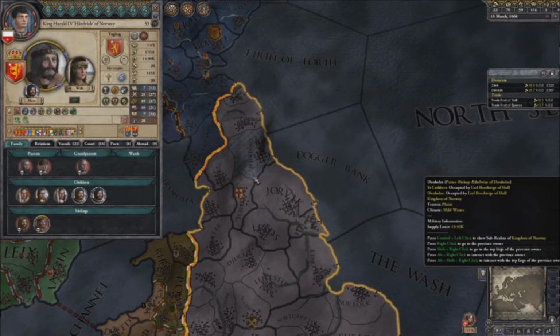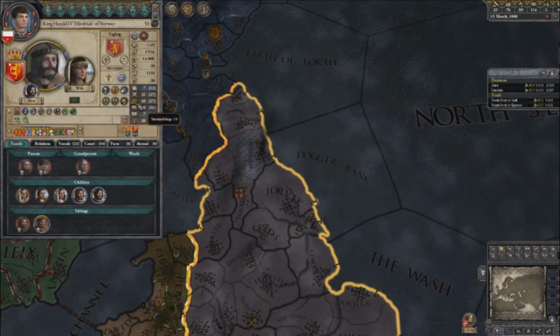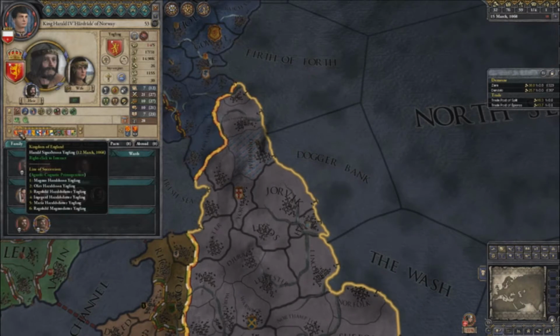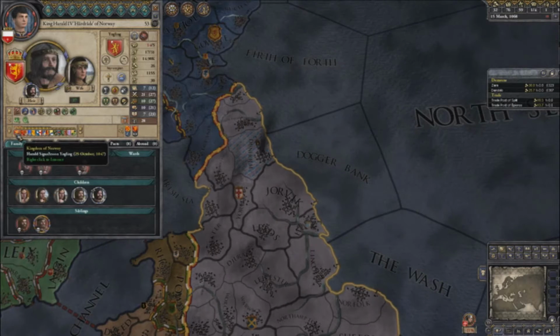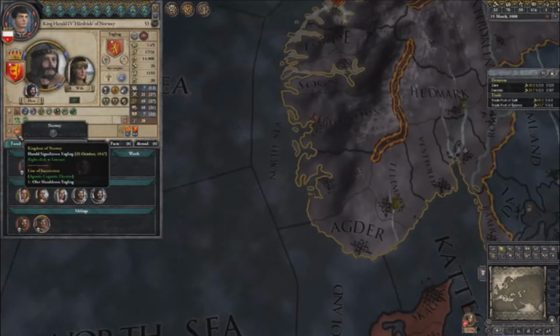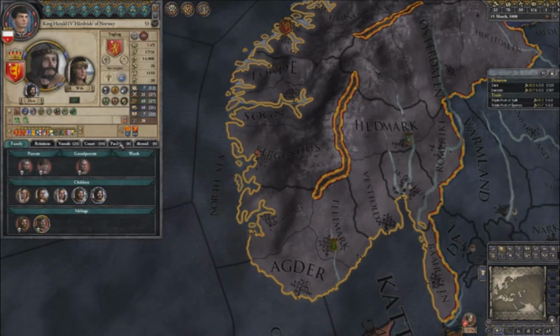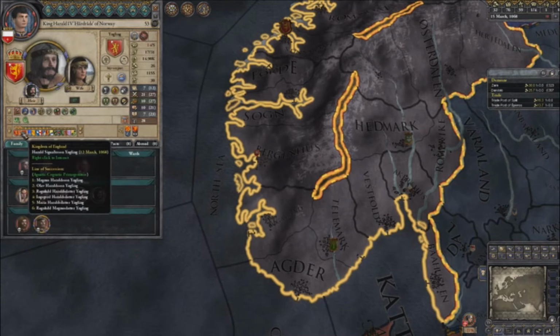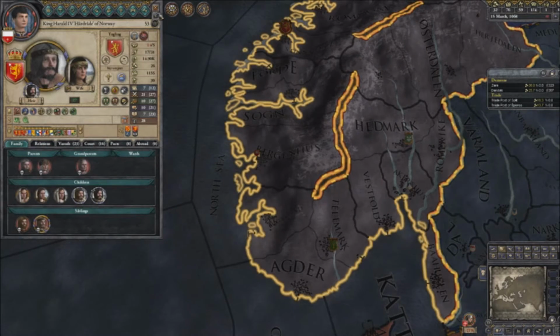And this right here is just some internal revocation war. But apparently, this is interesting, and a little bit opposite what you usually see. Norway is elective. England is primogeniture.